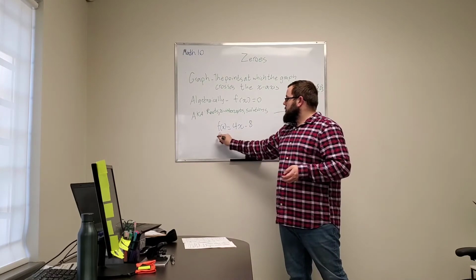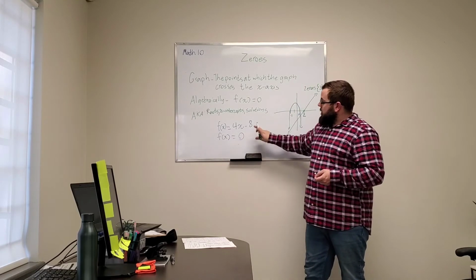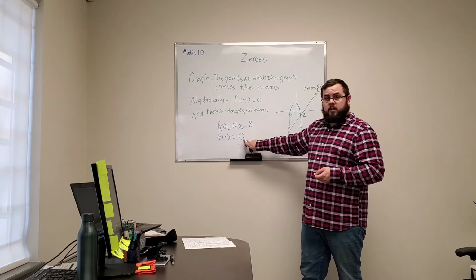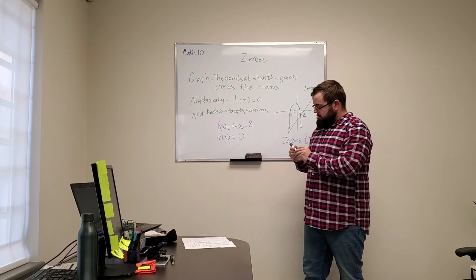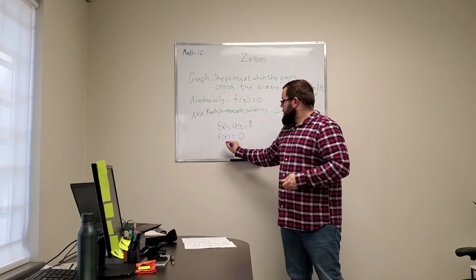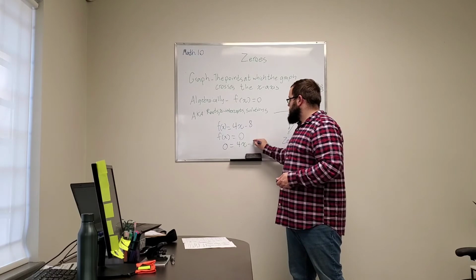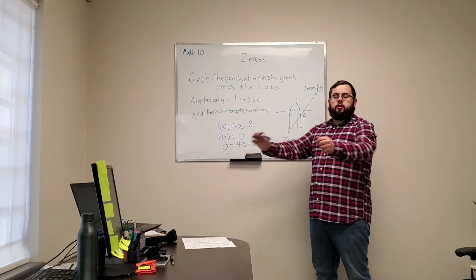And we also know we want f of x equals 0. So if this equals this, and this also equals this, we can rewrite this as 0 equals 4x minus 8. We just take that whole f of x piece out for now.